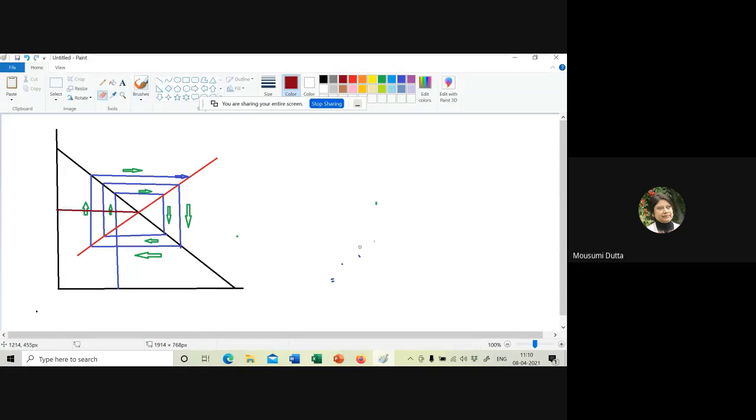So this is the equilibrium price. I hope you could do it. If anyone has any doubt, please ask me. This is O, this is price, this is equilibrium price, this is demand, and this is supply.